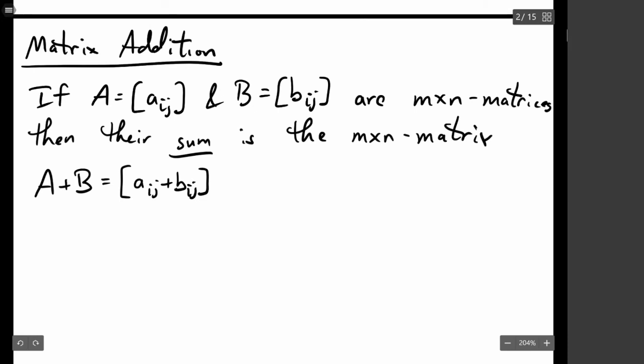So what we're saying is this new matrix that we made, the ijth entry of that is just equal to the sum of the ij entries in the original matrices.